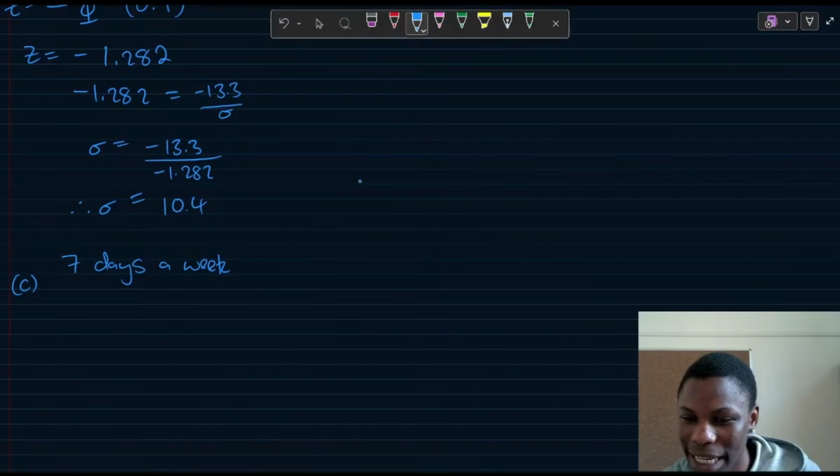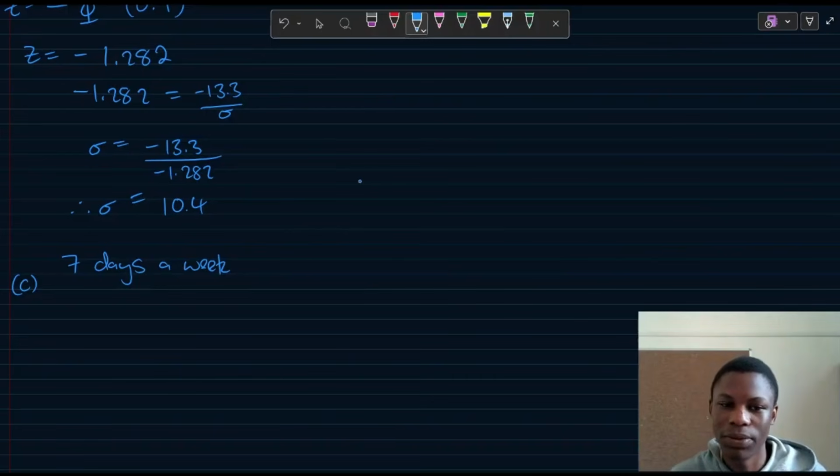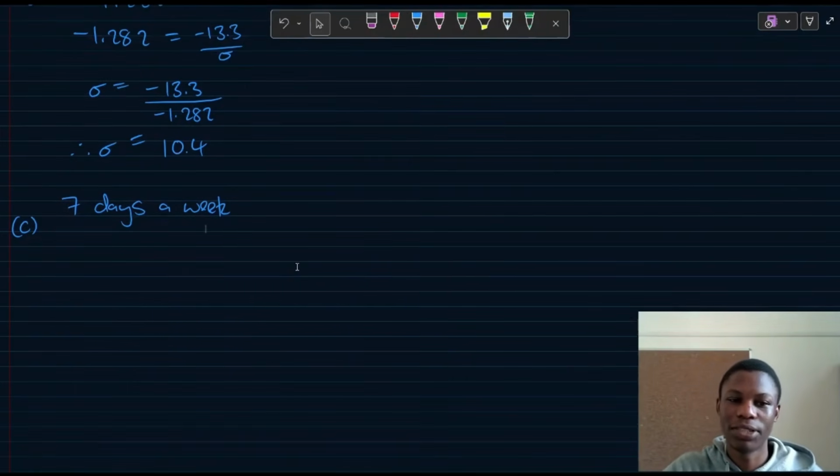A geometric distribution is just looking for that first success. And here we're looking for that first day with less than 59.1 kgs. So a success is a day that has less than 59.1 kgs.